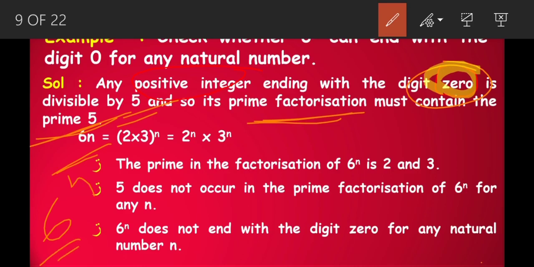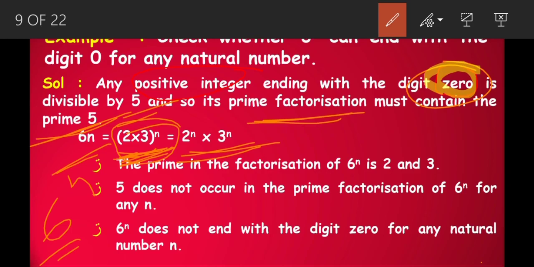But here 6 can be written as 2 into 3 as prime factors. So 6 power n is 2 into 3 whole power n. If we take power for individual integers, then it will become 2 power n into 3 power n.